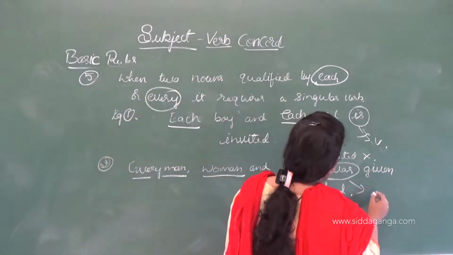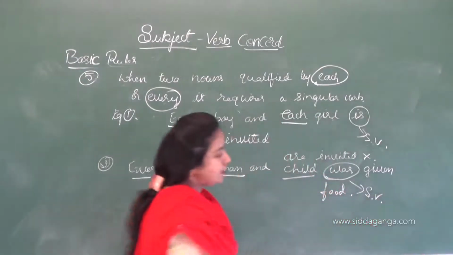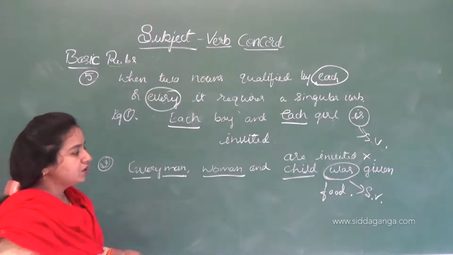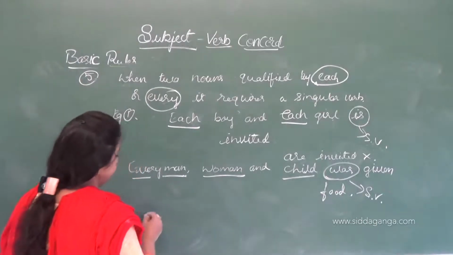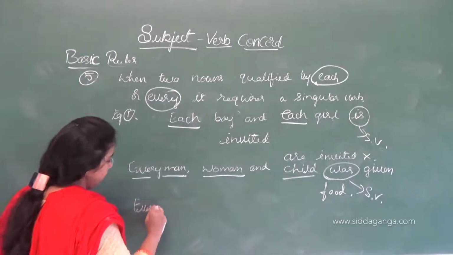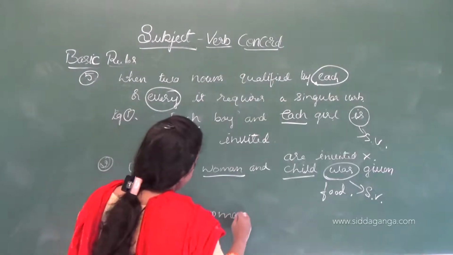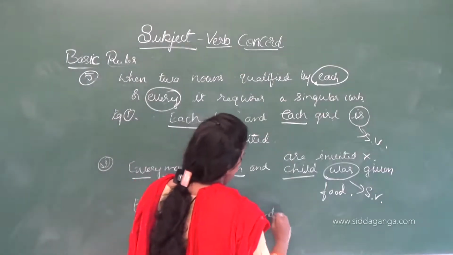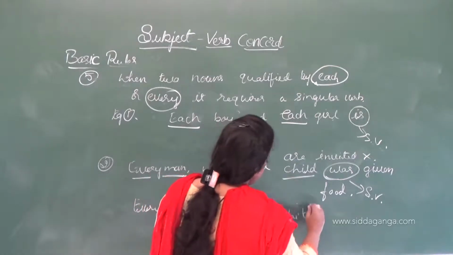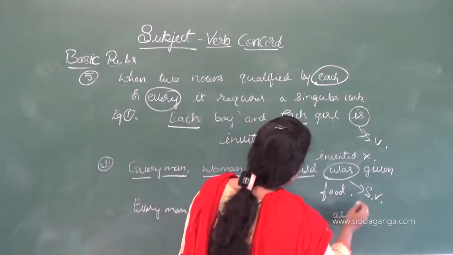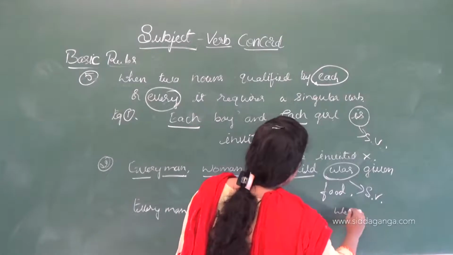Even in a past tense sentence, it takes a singular verb. It is not are here, and not were.